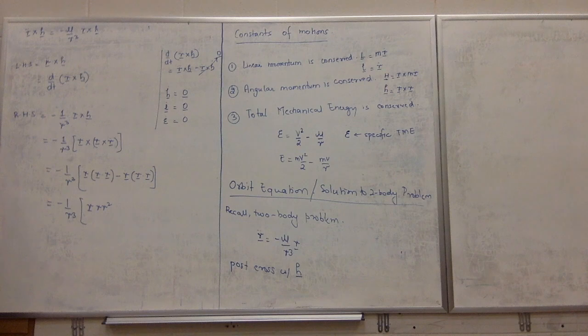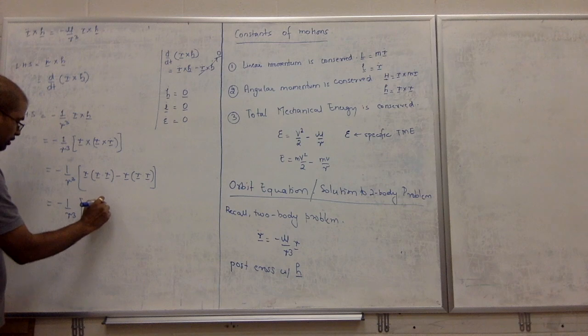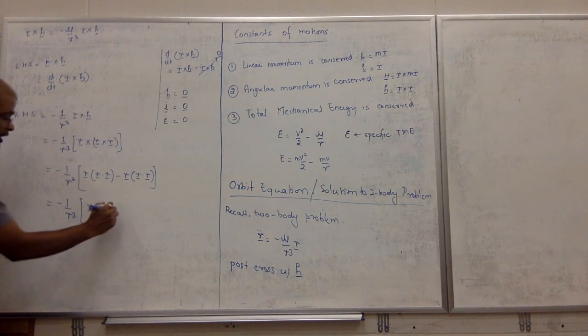ABC. We did this in class, and you have done an assignment as well. You remember your first assignment? R dotted with r dot is r square. Right?